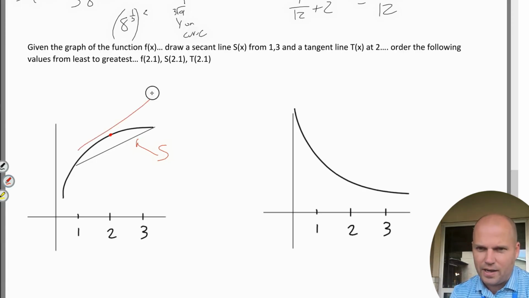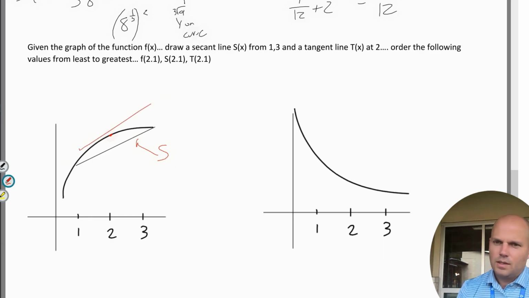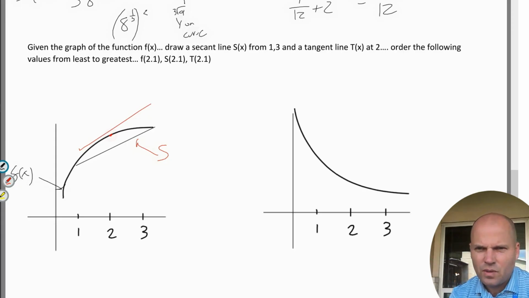I'm just so bad at nailing these tangent lines. You get my drift. And then you got the function f of x, which is the black line. What's f of 2.1, s of 2.1, and t of 2.1? How would you compare them? Well, look.